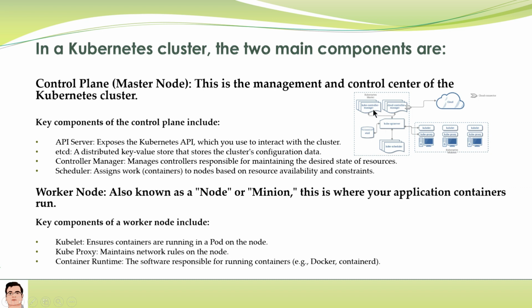So it will manage according to the replica set: whatever replicas we defined, it brings that up, and if a node is down, then it will bring up another node. Okay. The scheduler assigns the work, the containers, to nodes based on resource availability and constraints. Okay, the scheduler comes into the picture when we need to deploy a particular container inside a node. So it will manage all the CPU and resource allocations.